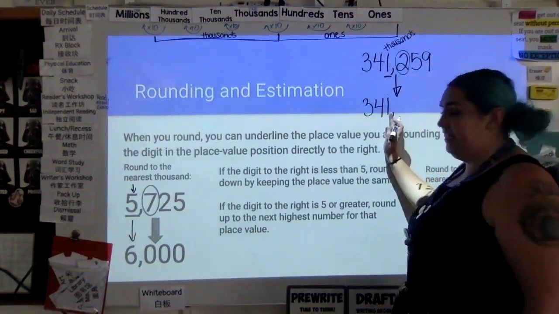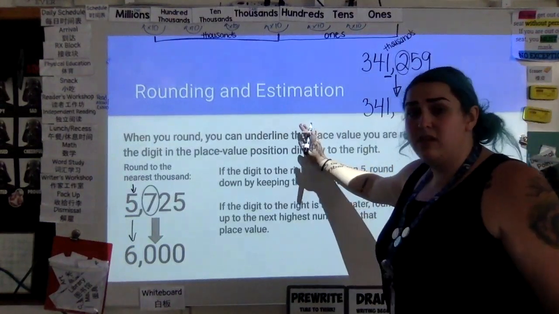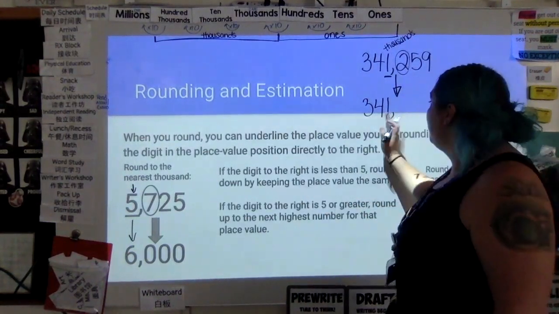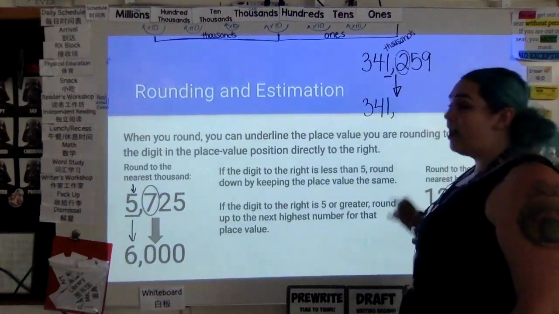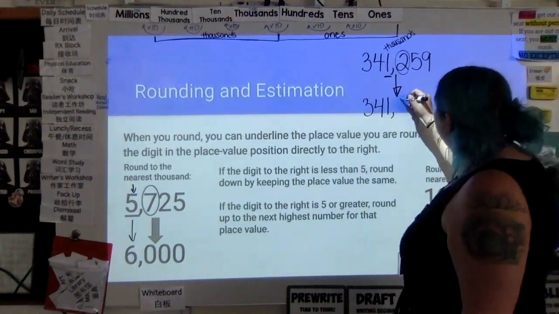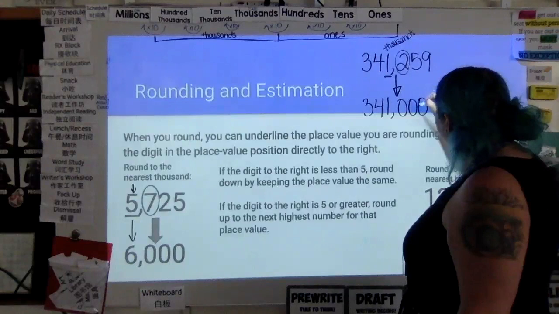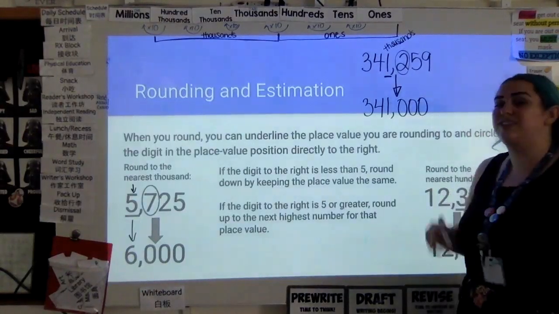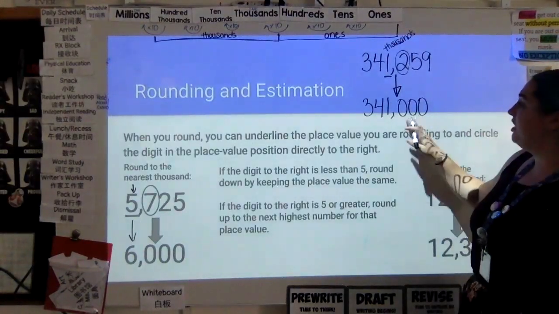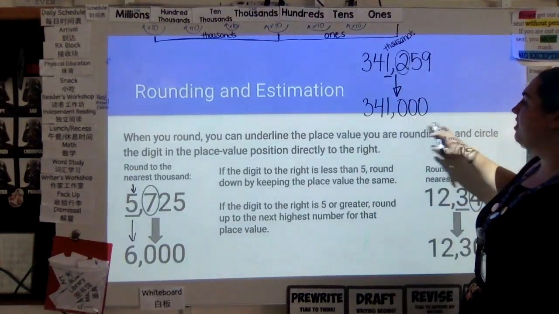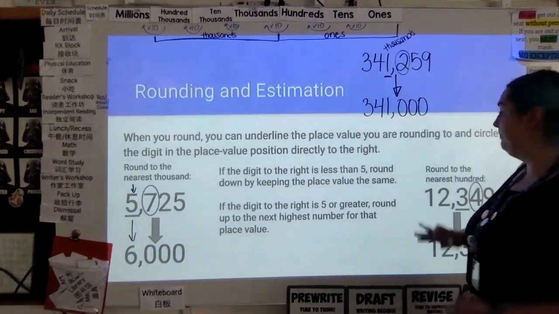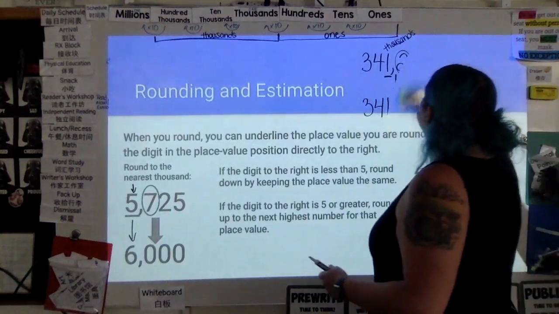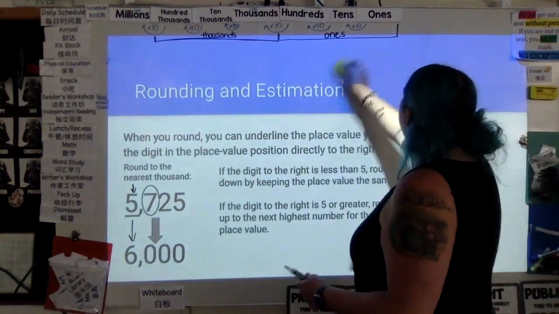Like I said, anything to the left stays the same. Anything to the right becomes what? Zeros. So for it to be rounded to the nearest 1,000, it should be 341,000. Excellent. We're going to move on.